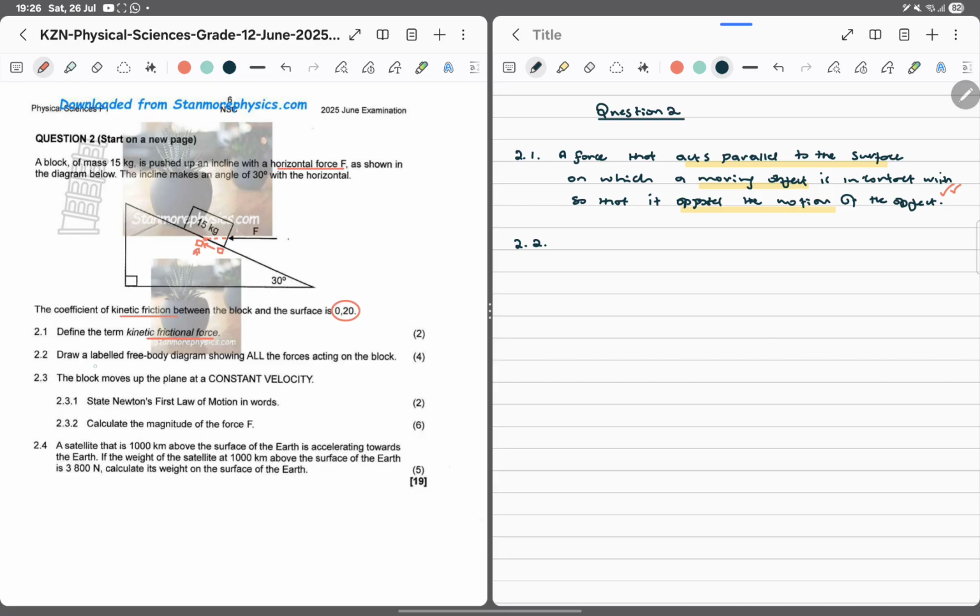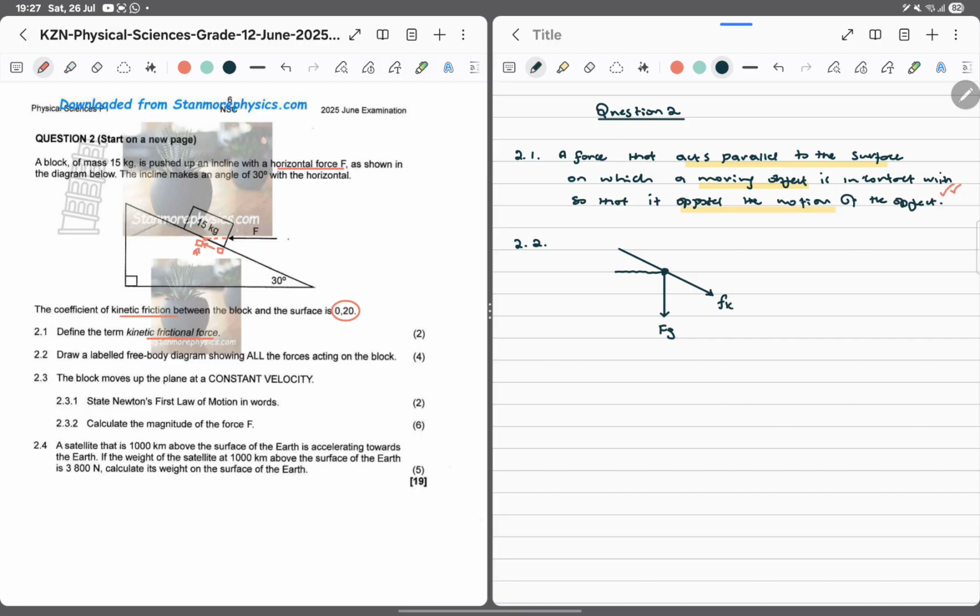Now 2.2 says we need to draw a labeled free body diagram showing all the forces acting on the block. That's easy. If we say this is our incline, we will see that we have a vertical force straight down. That is Fg. Well, we know that object moved up, so this is going to be kinetic friction, Fk.